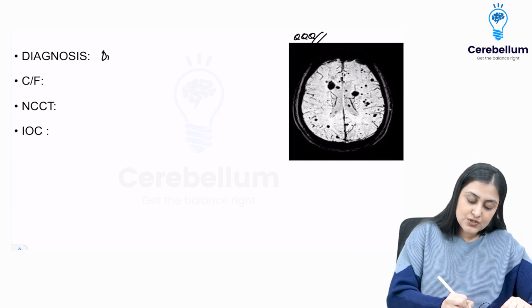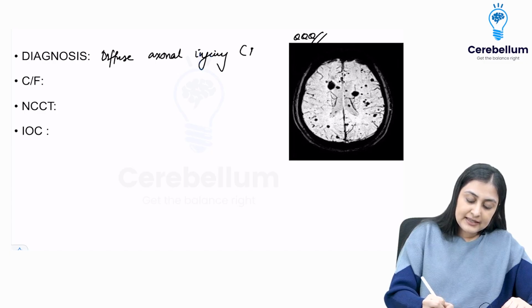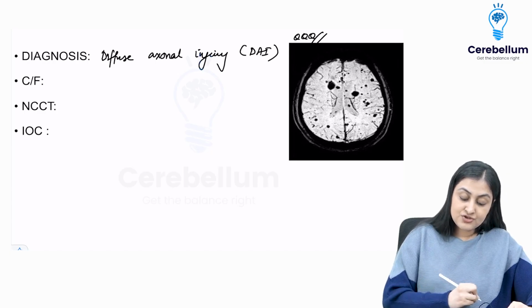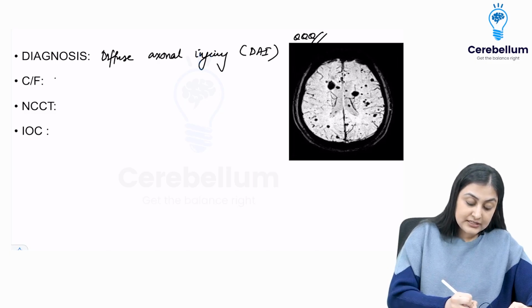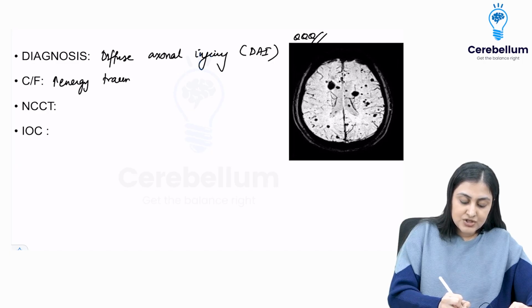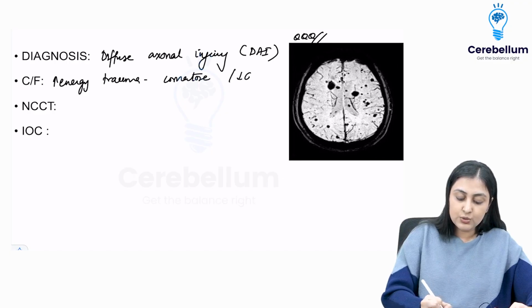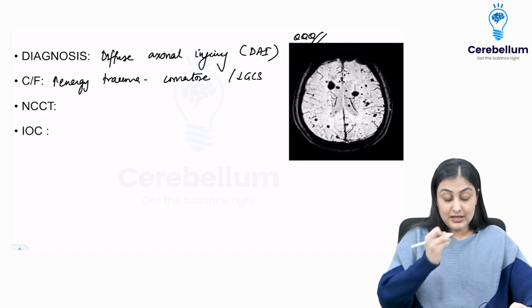So the diagnosis is diffuse axonal injury, which is DAI, and the history is what I just told you. The clinical feature would be high energy trauma, and the patient would either be comatose or have a low GCS score.